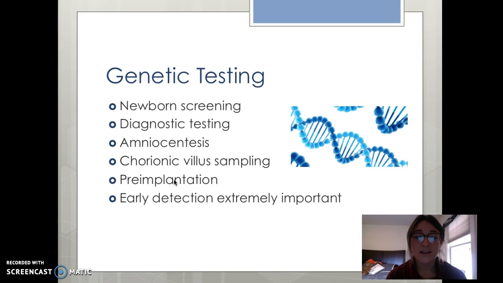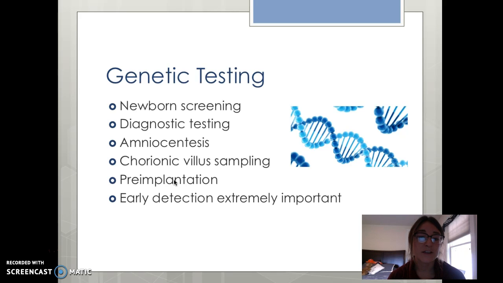Another prenatal test is chorionic villus sampling, which can be done between the 10th and 12th week of pregnancy. These involve sampling the placental tissue and testing it for abnormalities. Both amniocentesis and chorionic villus sampling can determine if an unborn baby has sickle cell disease or if it's a carrier for the gene.